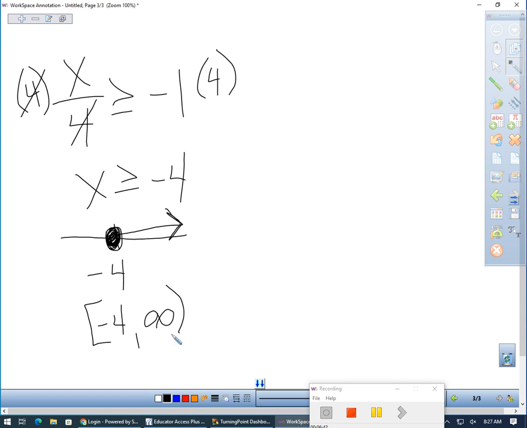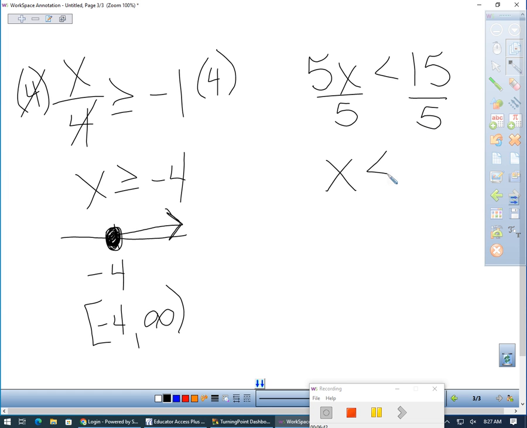Probably got to do a division one. Let's say I have 5x is less than 15. Get x by itself, I have to do what? Good, divide by 5. So I have x is less than 3.